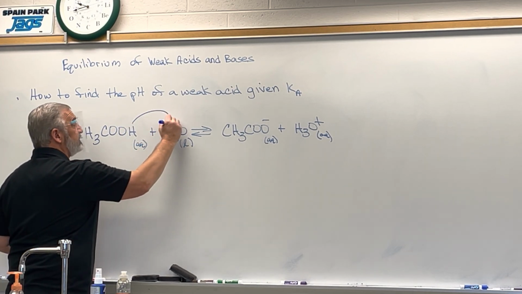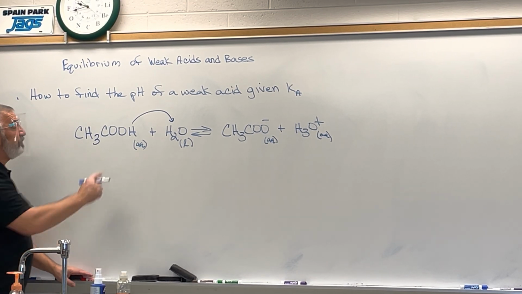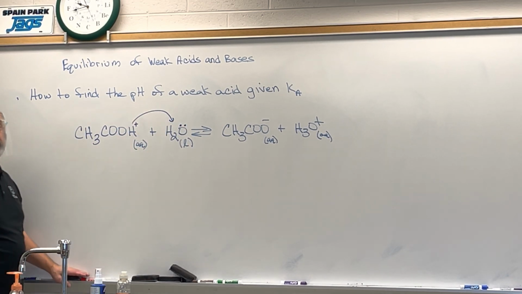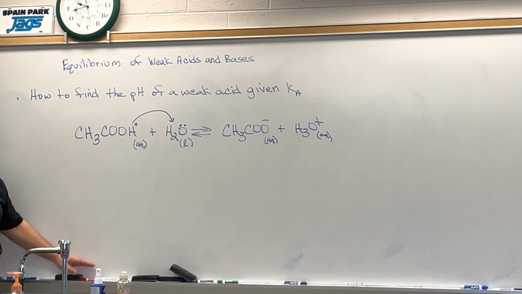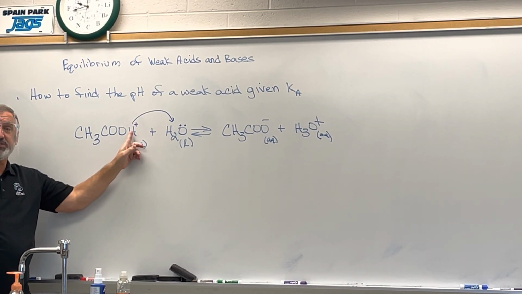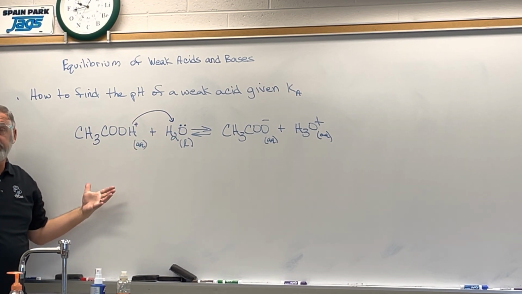It's donating the proton to the water. According to the Lewis definition, it's an electron acceptor. The H plus here is accepting the lone pair of electrons on the oxygen. So the oxygen's donating the pair of electrons, and the H plus is accepting it. So it's an acid by all three definitions.